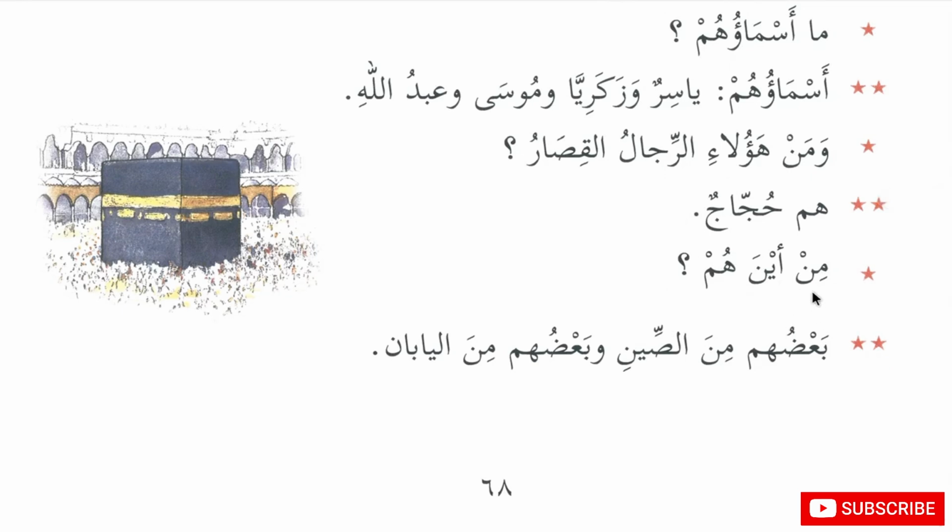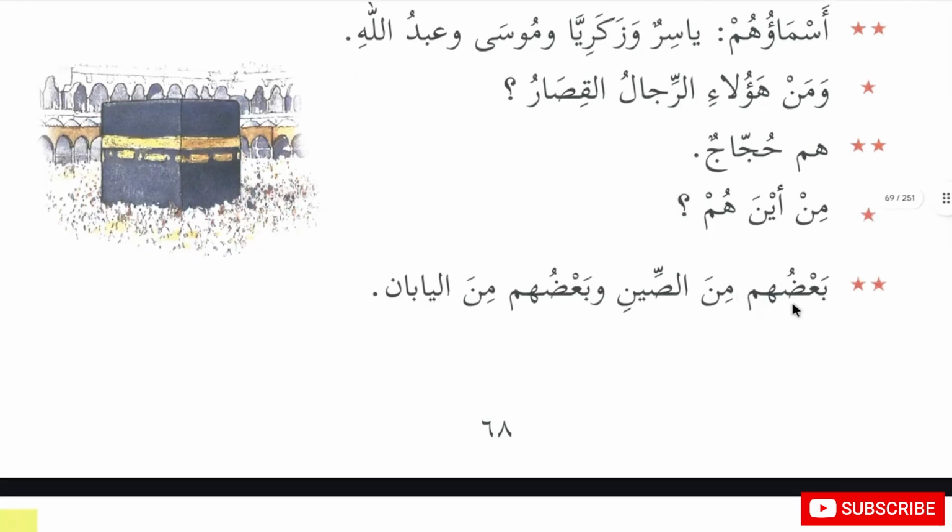من أين هم? Where are they from? بعضهم. So the word بعض means some. بعضهم, some of them. Hum is plural. So some of them. This is a plural male, but it could also be used to refer to females as well. But the thing is that in the Arabic language, we use the male gender generally speaking.